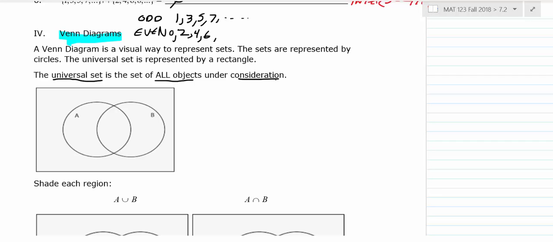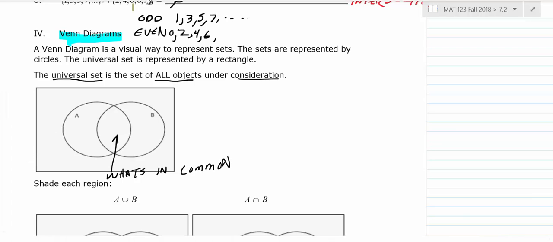You might just be interested in all of the whole numbers between 1 and 5. But it's whatever is in consideration. What we usually do is set A. We draw set A with a circle, and we draw set B with another circle, and that's what's in common. So where they overlap is what's in common.